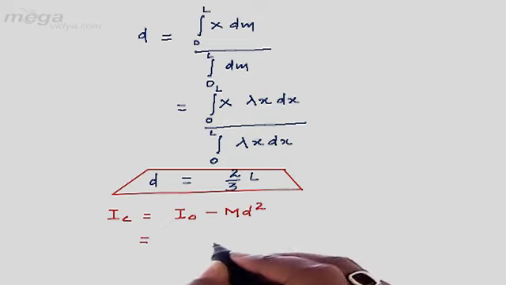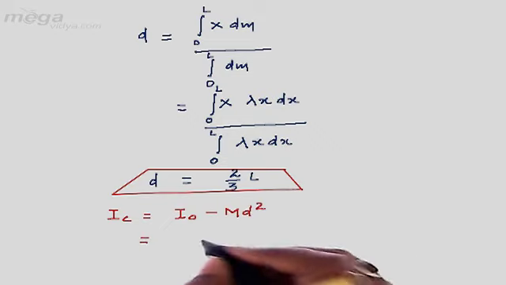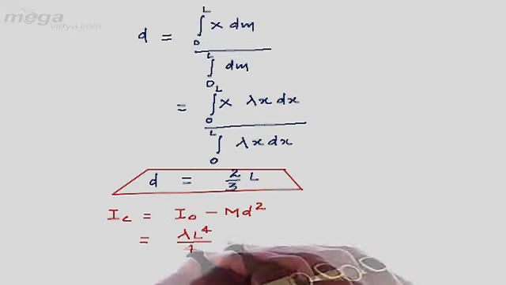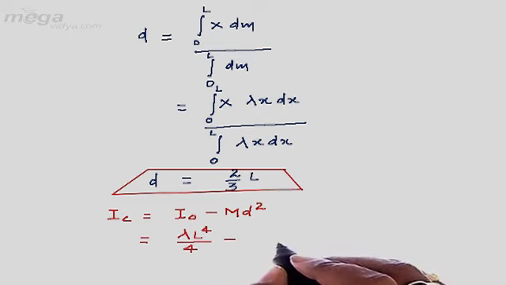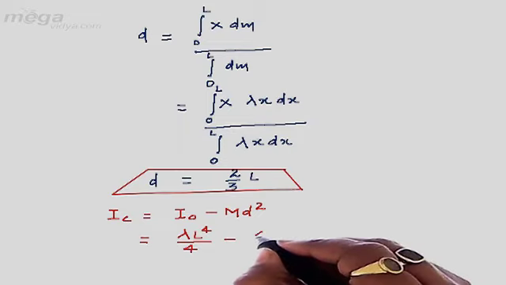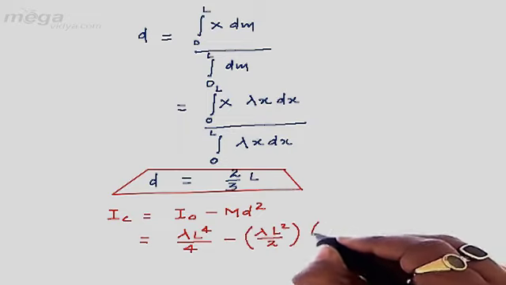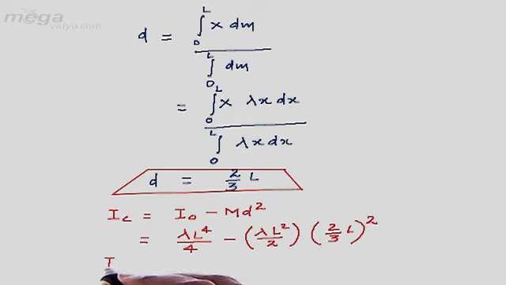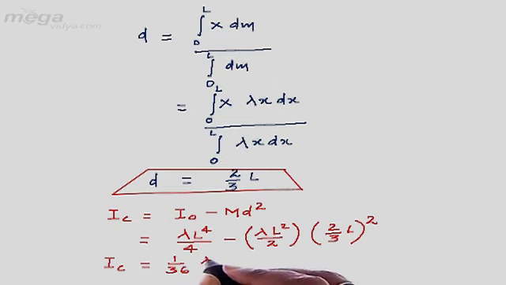The value of I naught is lambda L to the power 4 upon 4, minus the mass, which is lambda L square upon 2, times D square, where D is 2 upon 3 L. Thus the moment of inertia about the centroidal axis comes out to be 1 upon 36 lambda L to the power 4 on calculation.